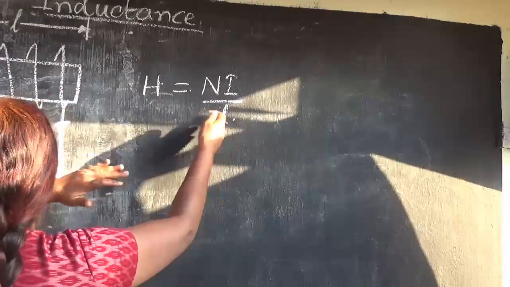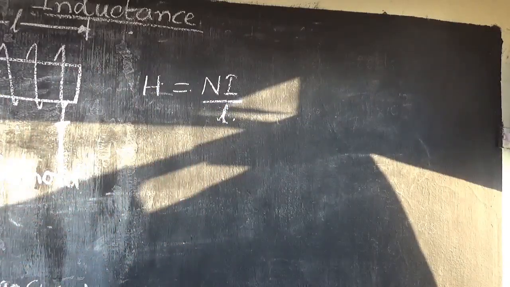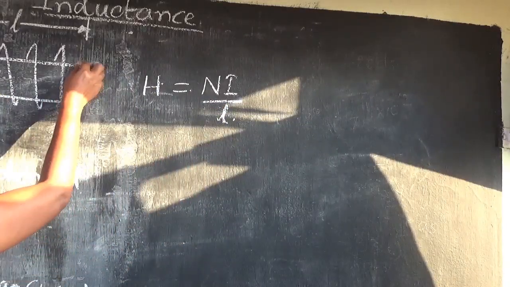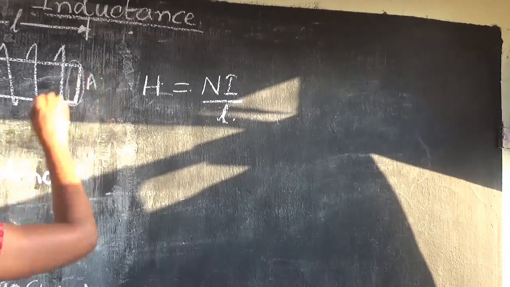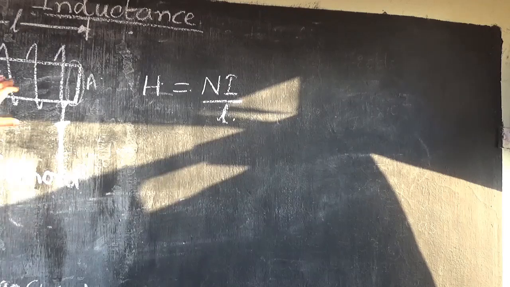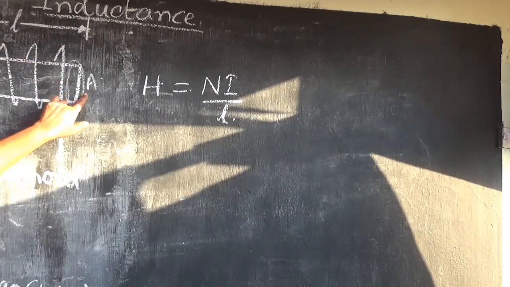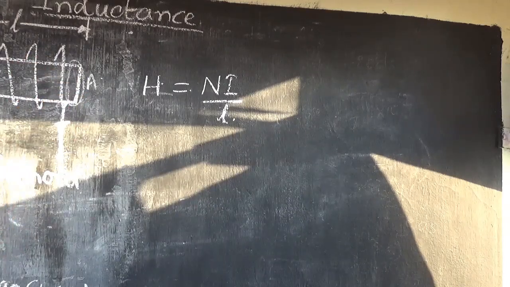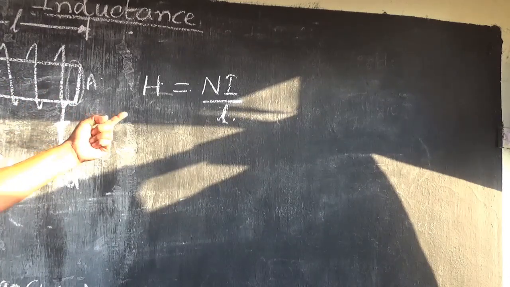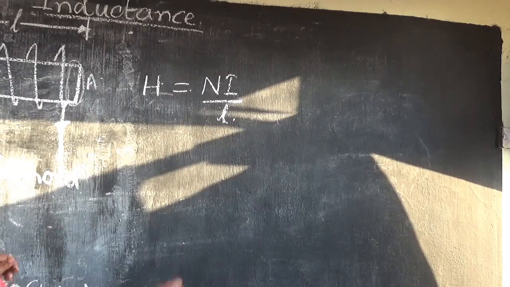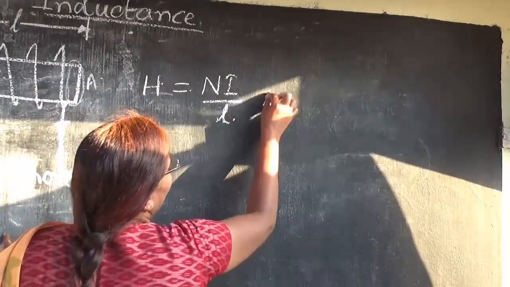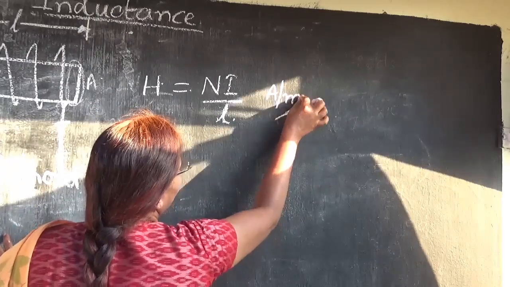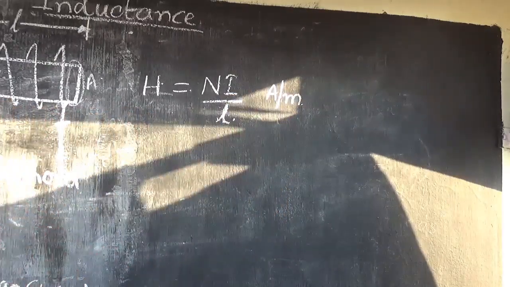And you will have a cross-sectional area of this material as A. It is going to be Ni by L, where L is the length of that material, which is ampere per meter, the field intensity unit.